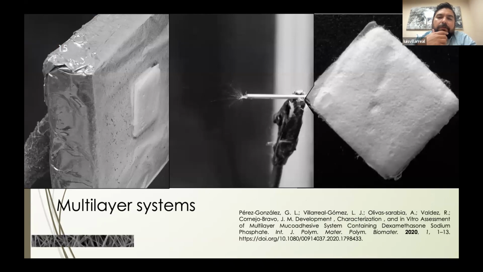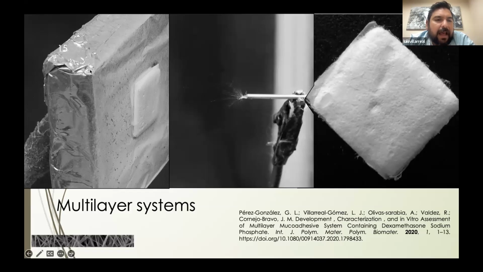This is how electrospun nanofibers look like in a macroscopic view. Here in the picture in the middle, you can see how fibers are created by the electrical field. You will not have only one fiber, you can have multiple fibers being created and located at the collector.